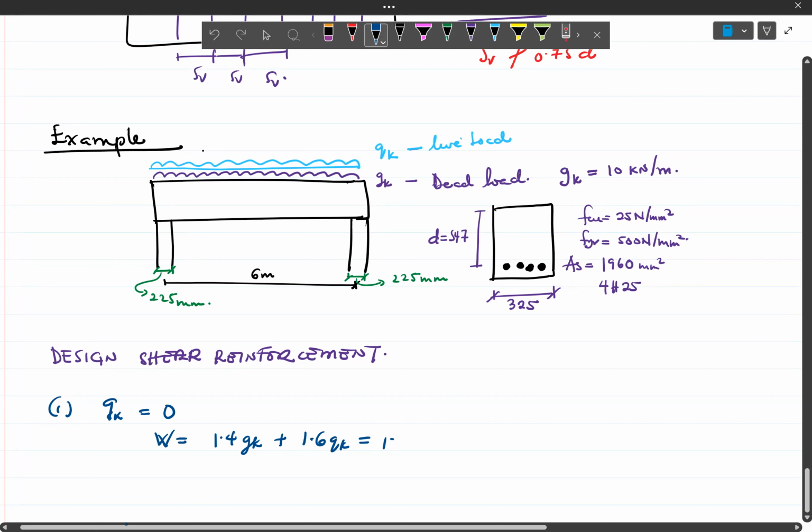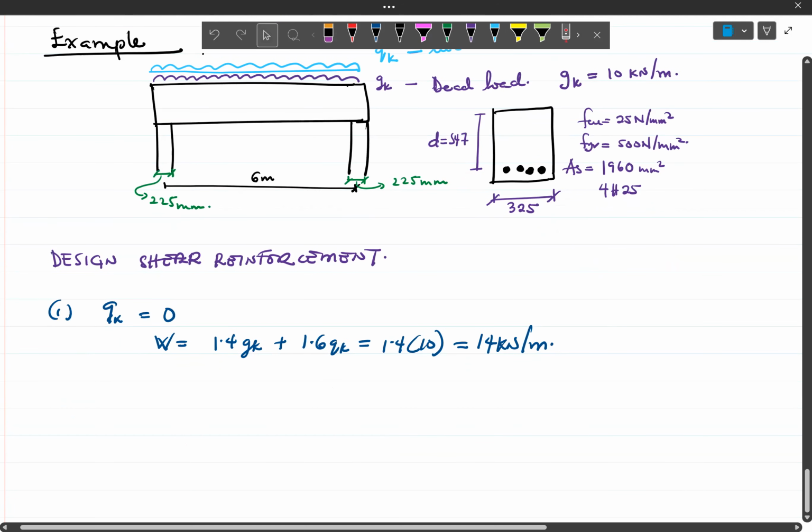So that will be equal to 1.4 times 10. So this will give us 14 kilonewtons per meter.